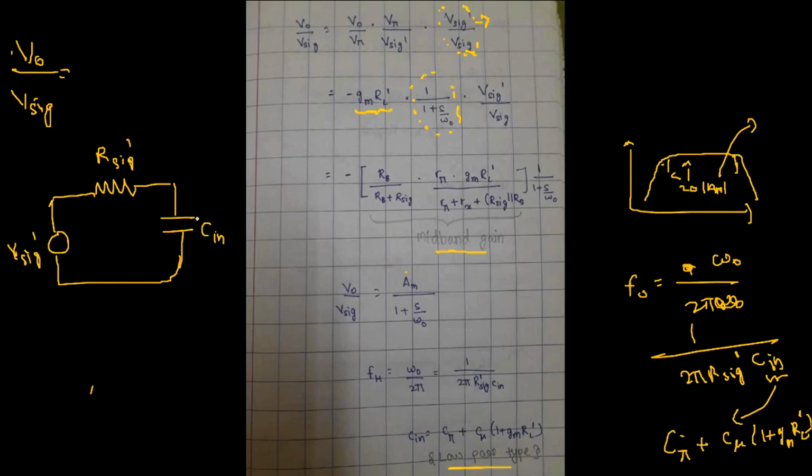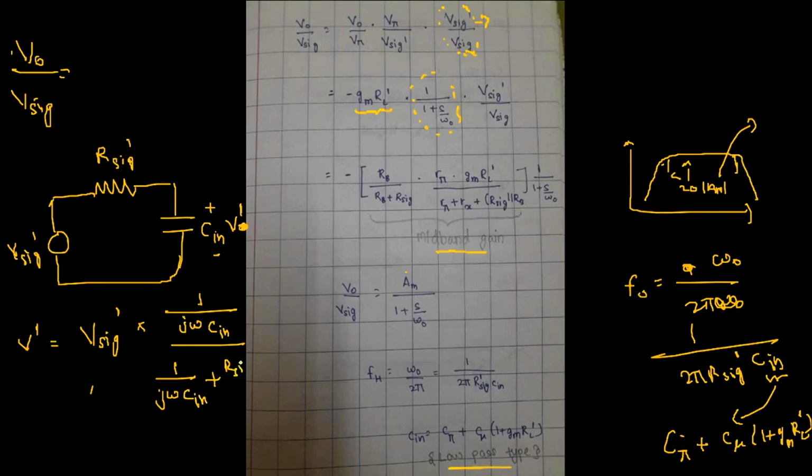So there is a certain voltage across the capacitance, let me take it as V dash. So my V dash is equal to V signal dash into 1 by j omega C input divided by 1 by j omega C input plus R signal dash.